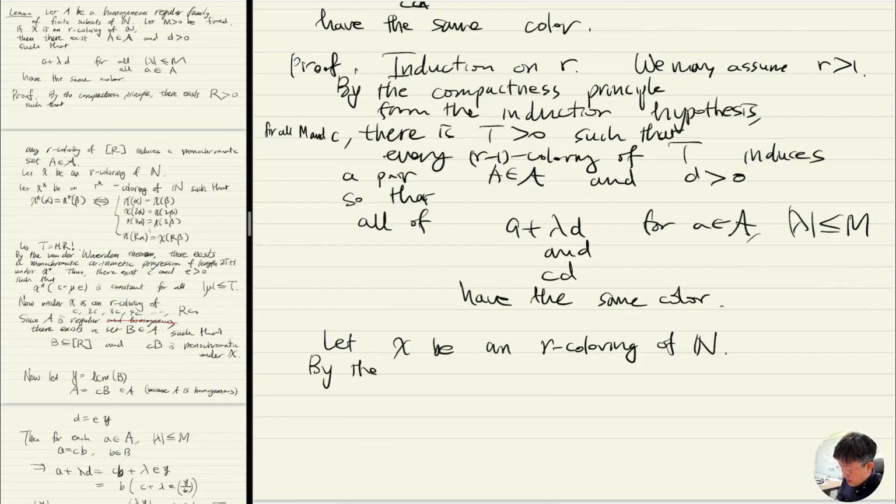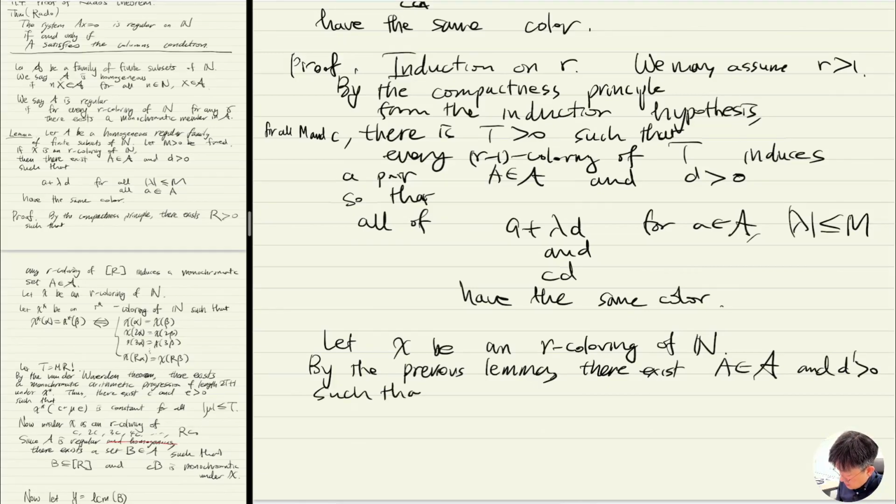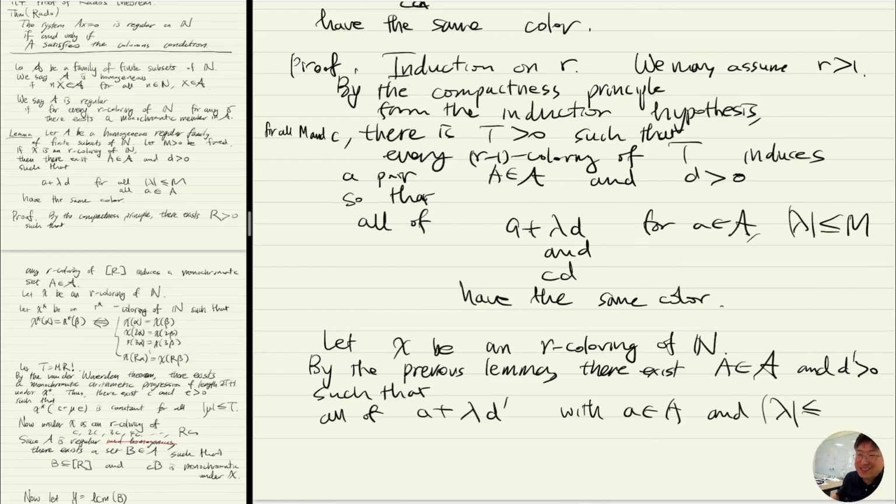By the previous lemma, there exists A in the family A and D prime positive, such that all of A plus lambda D prime, with A in A and lambda at most any fixed constant I want, so I'm going to put T times M, have the same color.